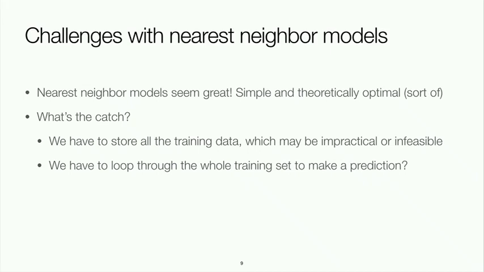It seems like we have to loop through the entire training set, compute a distance between our new point and all the training points, maybe store the closest 15 or something like that, in order to make any prediction at all. And doing this for every single prediction that we want to make is probably a really bad idea. We will talk about ways that we can get around this problem, but nonetheless, it is still a particular problem.